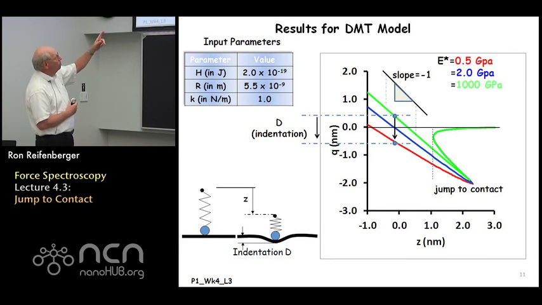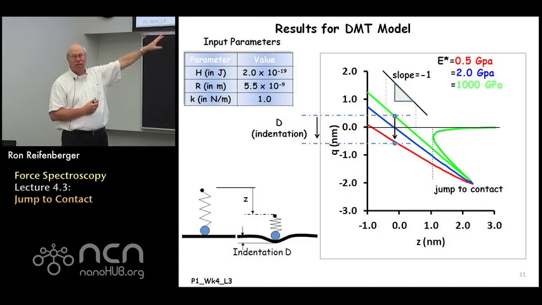Any of the other curves, the blue and the red curves, show what you would expect if the tip substrate is softer, right? And so the difference between, let's say, the green curve and the red curve at any value of Z, that difference is simply the deformation of the tip substrate junction that's going to occur for that particular value of Z.